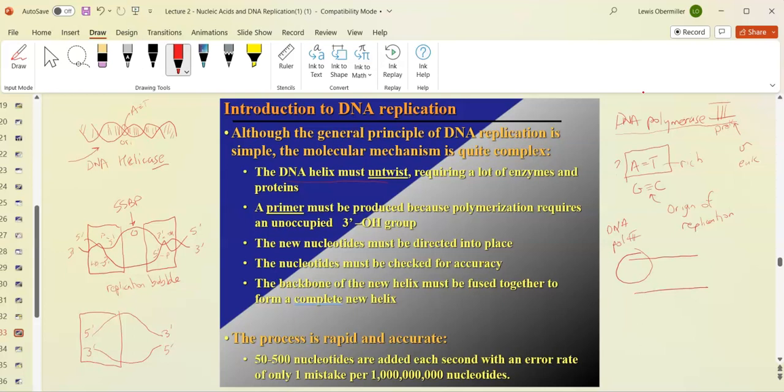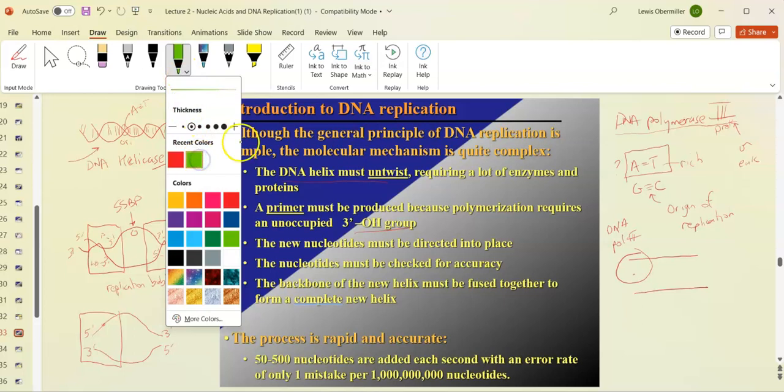Well, this is single-stranded, so it can't just hang out here. We need another strand. And it can't build on its own. It needs a free 3' hydroxyl group on DNA in order to build. So another enzyme called primase has to come in.